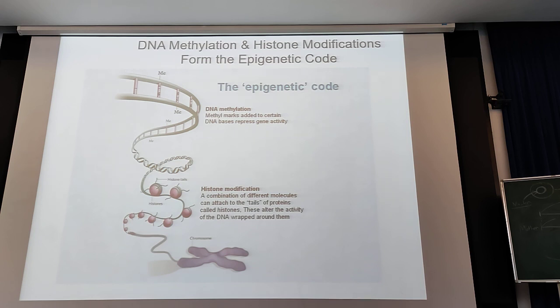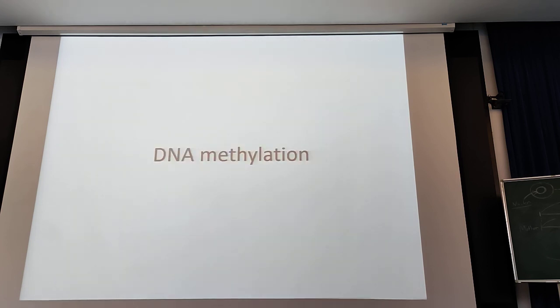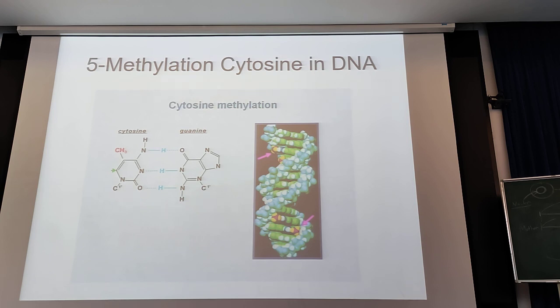So first, let's talk about DNA methylation. So what is DNA methylation? DNA methylation mostly refers to the methylation of cytosines in the genome. This is the structure of the base cytosine.